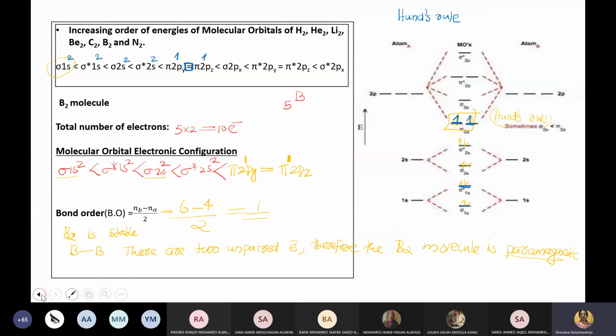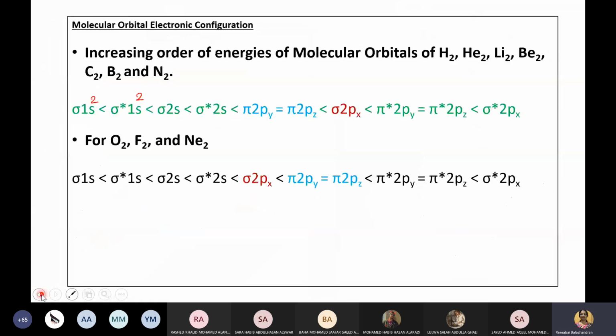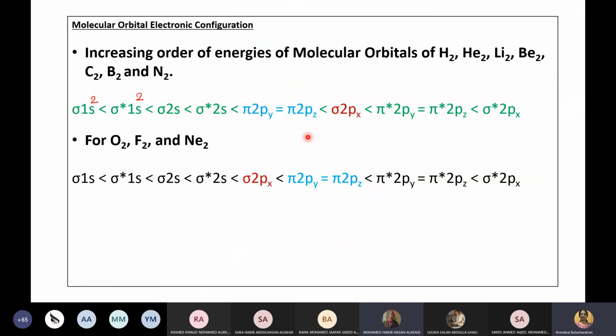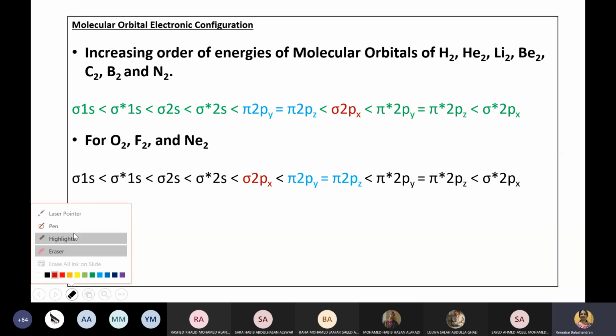I'll go back to the first slide. You joined late today, maybe 5 minutes. This I explained earlier. See, look here. This order you need to memorize. Can you see the order? This is for hydrogen to nitrogen. After nitrogen, we use the next order, oxygen to neon.